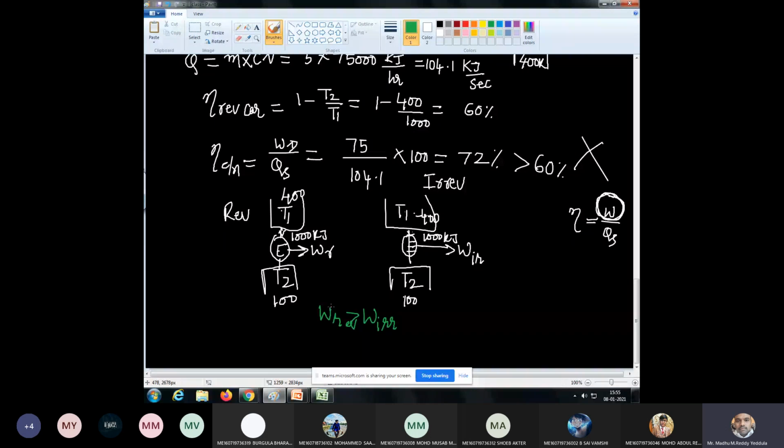What is the meaning of this? This engine can convert more amount of heat into work. Let us assume if this engine converts 700 kilojoules of heat into work out of 1000 kilojoules, will the irreversible engine convert greater than 700 or less than 700?